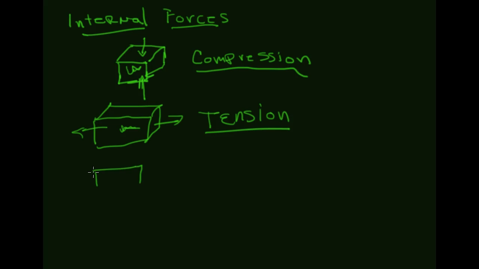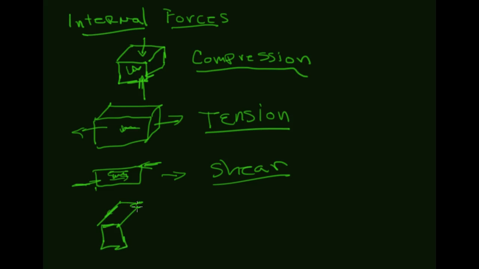Another one is if I have an object and I'm pushing one way on the top and the other way on the bottom, I get a force on the inside where it feels like it's being pulled in two different directions. We call that shear. It's usually exerted by a push, but could be exerted by pulls. You could be pulling the top in one direction and the bottom in another, and you would get what we call shear.